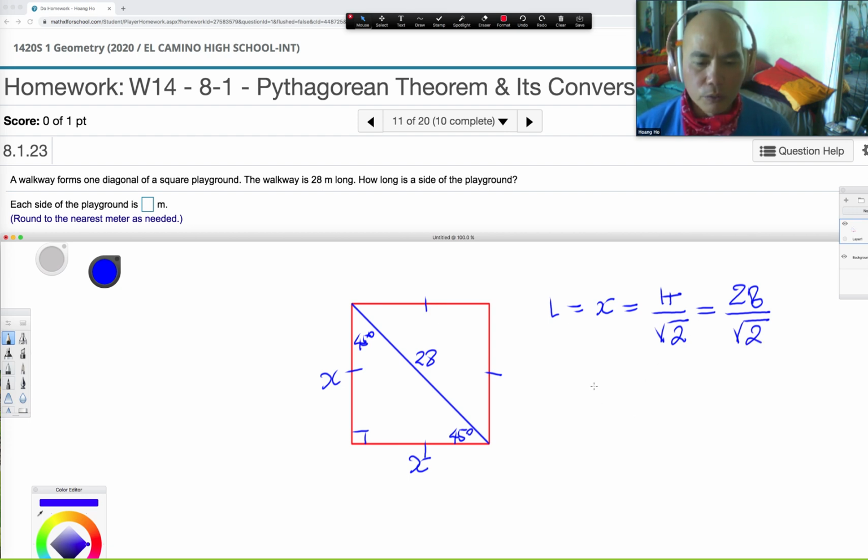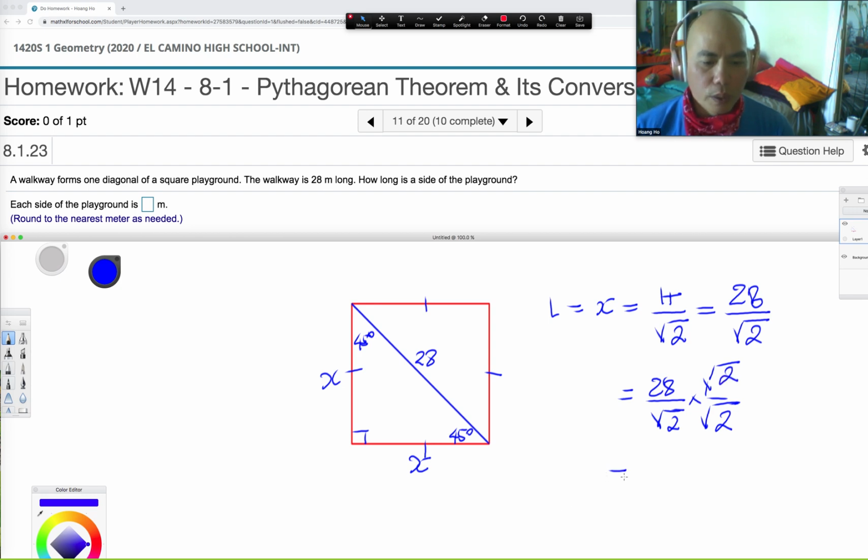If you want to rationalize it, 28 over square root of 2, times square root of 2, and then you also multiply by square root of 2 on the top.